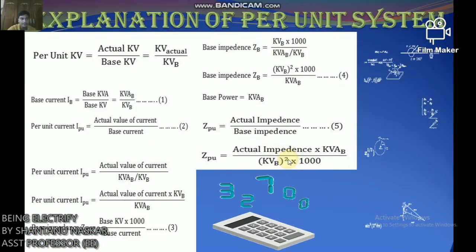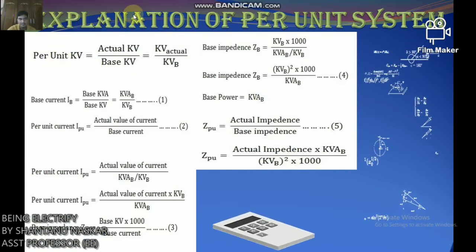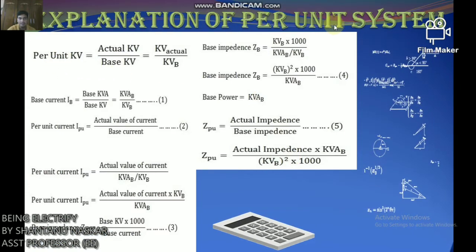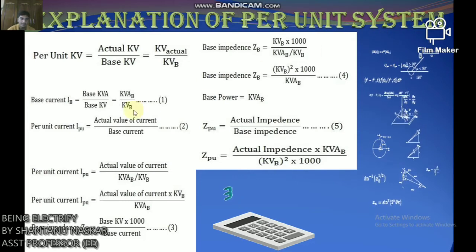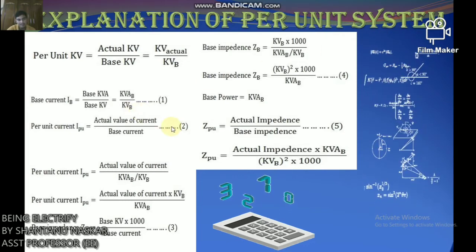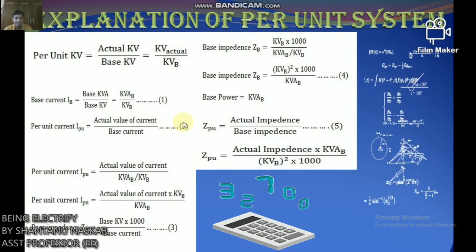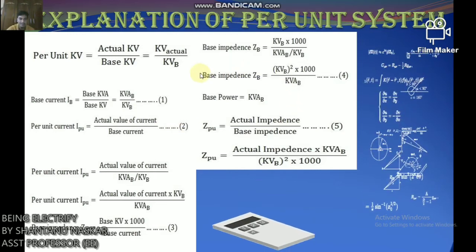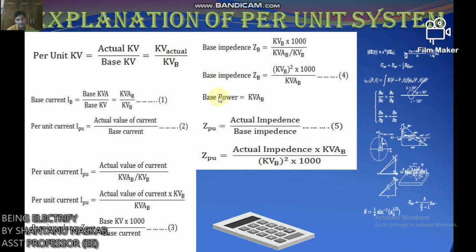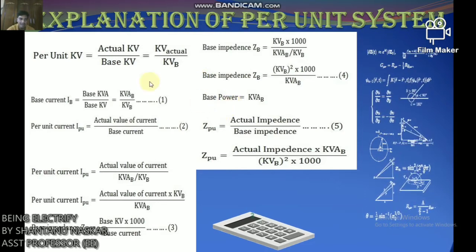So let us discuss the explanation of the per unit system. Firstly, the values of the base power and the base voltage are selected, and their choice automatically fixes the other base values.